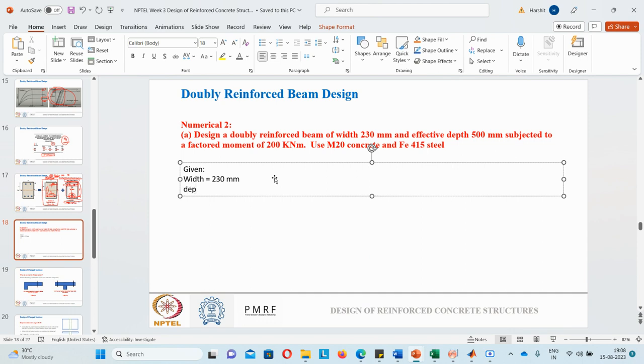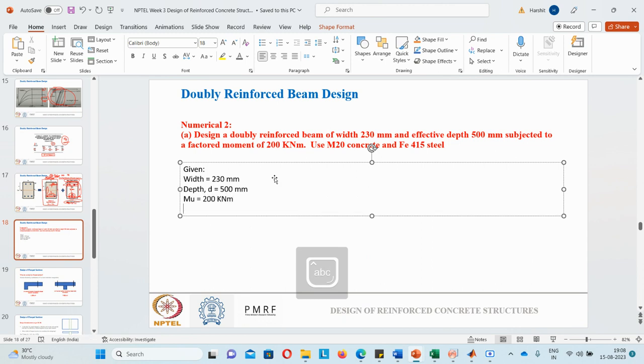Effective depth d is given, 500 mm. Mu is given to us, 200 kilonewton meter. fck is given, 20 MPa, and fy is given, 415 MPa.